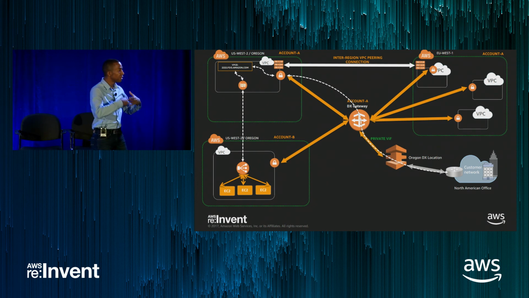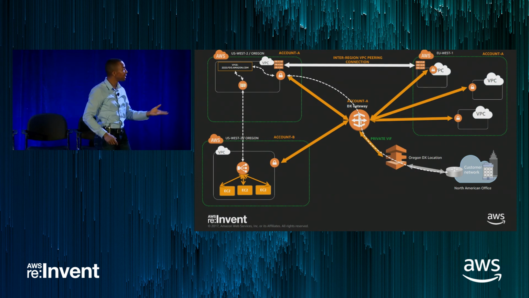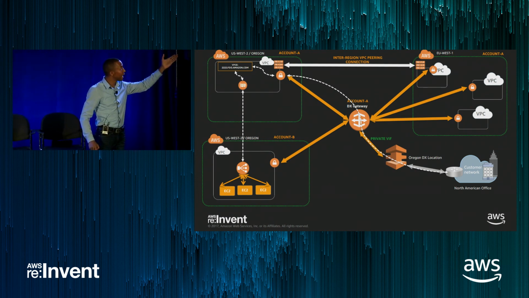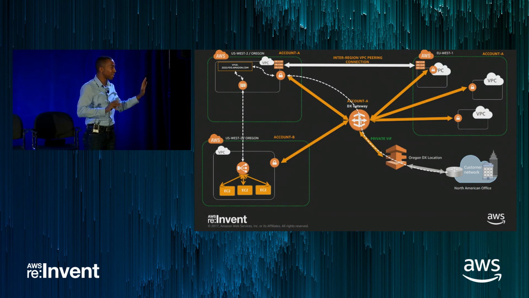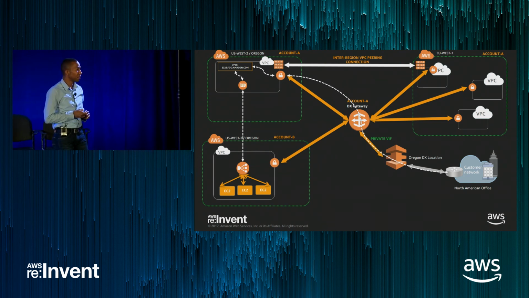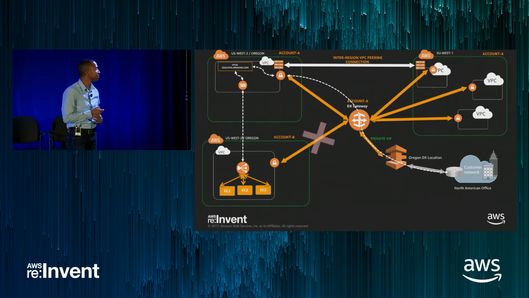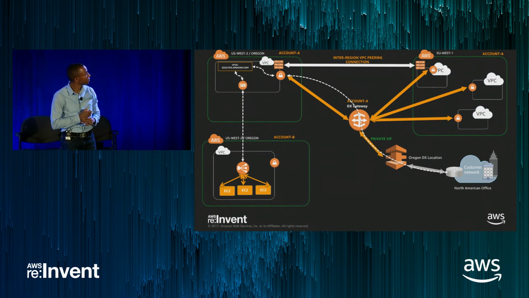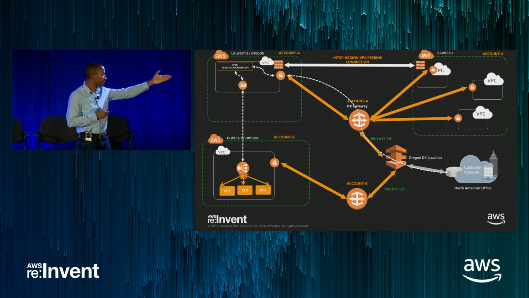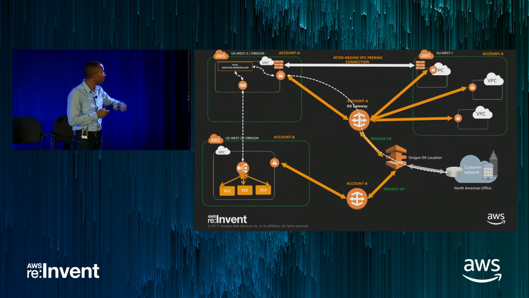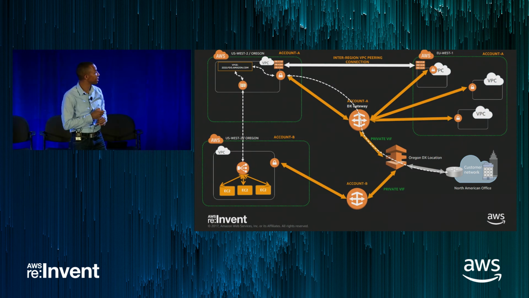So you expose that service as a VPC endpoint service, and then connect to it via your Direct Connect gateway, regardless of the account that it's in. That's one way of overcoming that limitation. Another way is to, again, create a private virtual interface to the VPC.